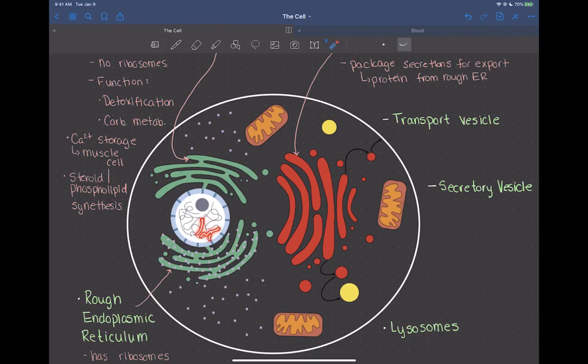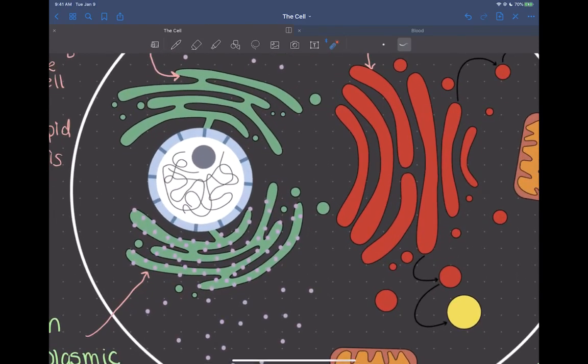That mRNA would travel out of the nuclear pore and find a ribosome. So let's say we found this ribosome here to make our protein. That mRNA would give its information to that ribosome. I'm going to zoom in a little so we have a little more space. That ribosome would make that protein, and that protein would form on the inside of our rough ER.